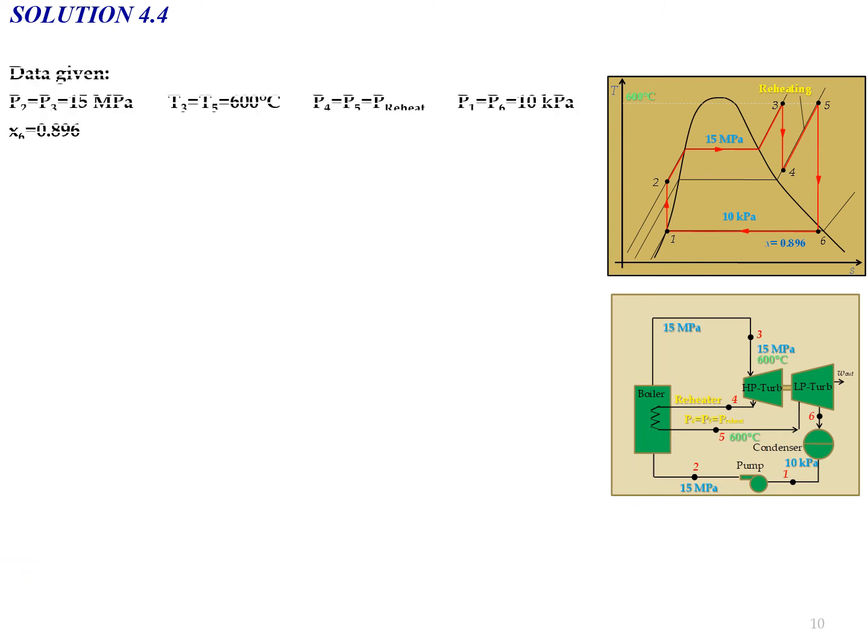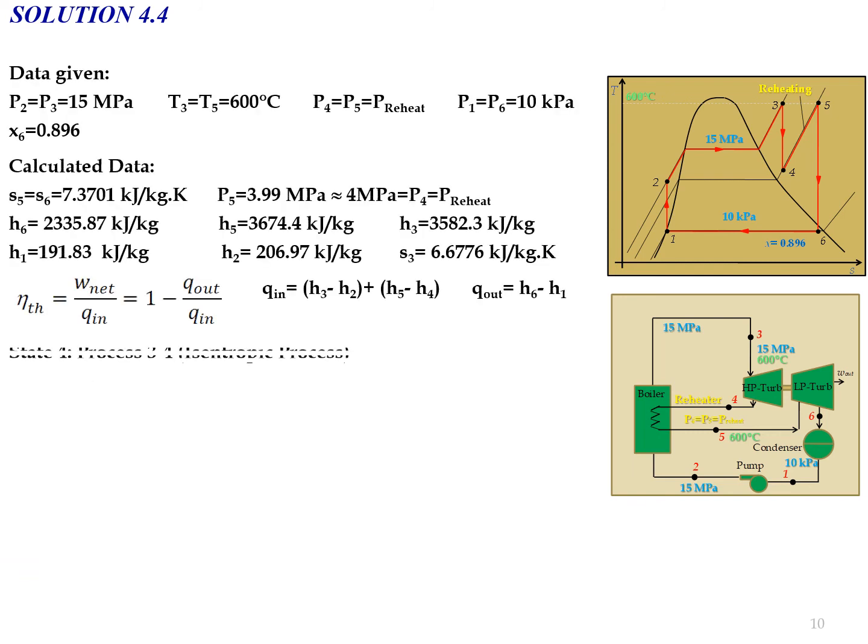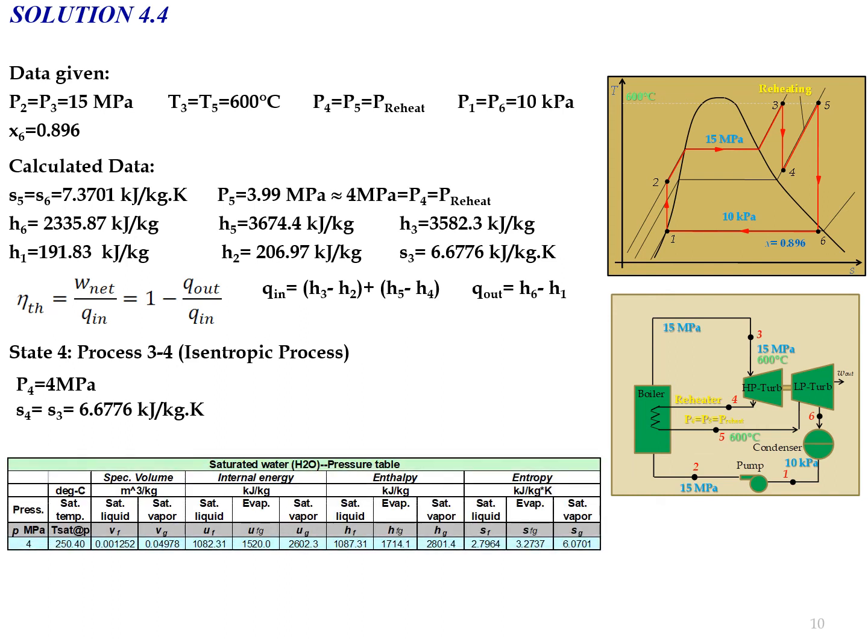Moving on, we write down all the information, and now we go into process 3 to 4, where we know that P4 is equal to 4 megapascal, which we already calculated in question A. So we know s4 is equal to s3, which is 6.676 kilojoule per kg Kelvin, which we calculated on the previous slide.